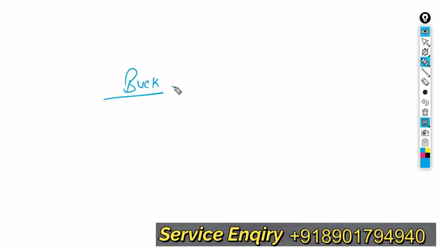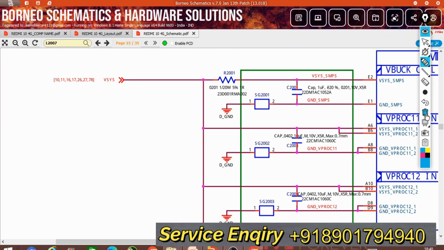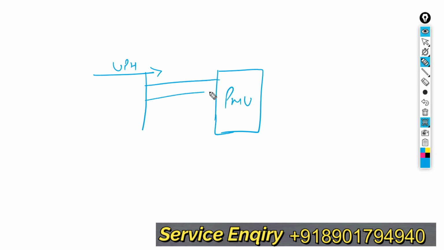In a deeper level. So clear this, and now one more thing. This VPH line enters multiple times. Like this is your PMU, it goes multiple ways. Minimum, like in these buck lines, 9 bucks.